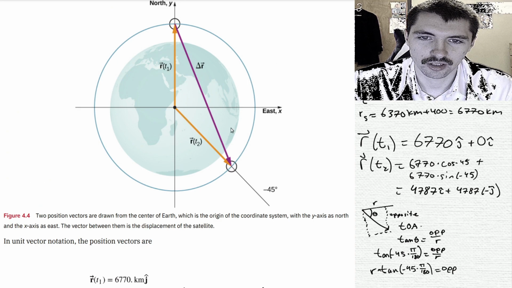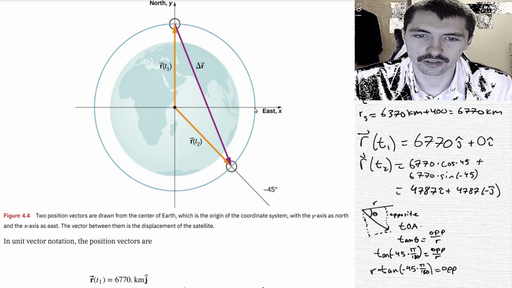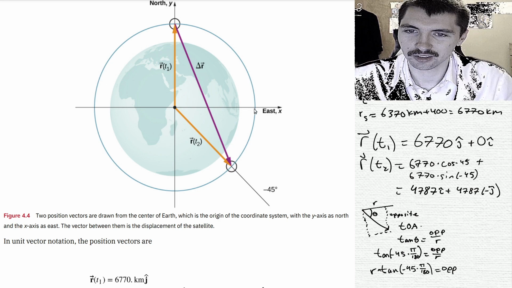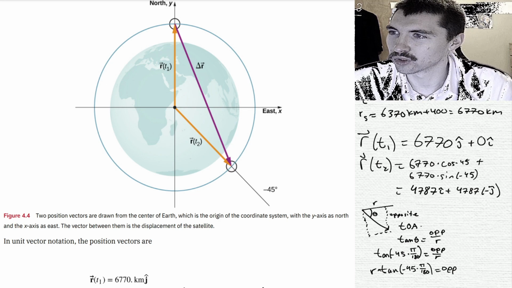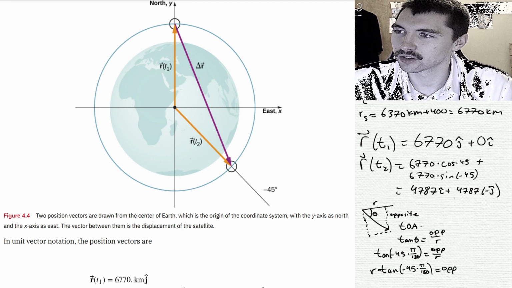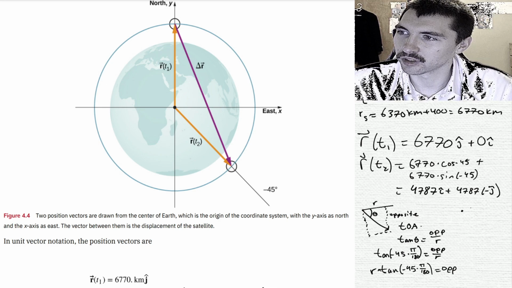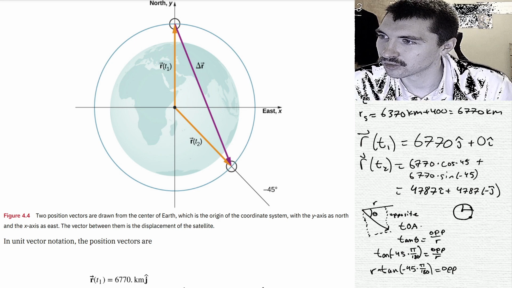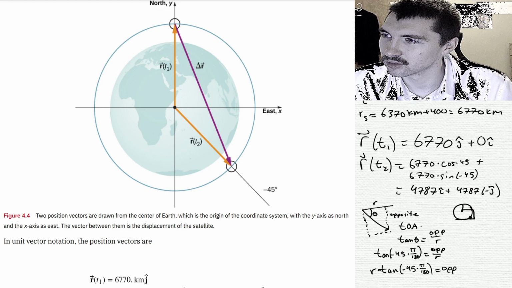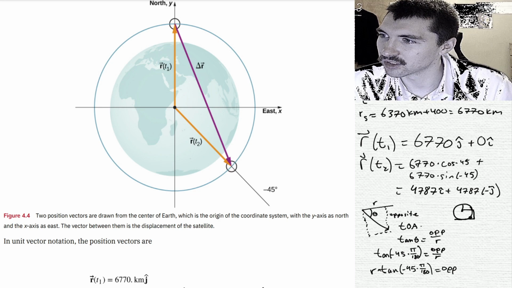So what is this saying? Obviously, if you can see, if you went 6770, you might wonder why is this 4787, not 6770. So let me try to spell it out for you. We're finding this point. Radius is this, but you have to think it's a curve. So if you just dropped down, you're missing distance.